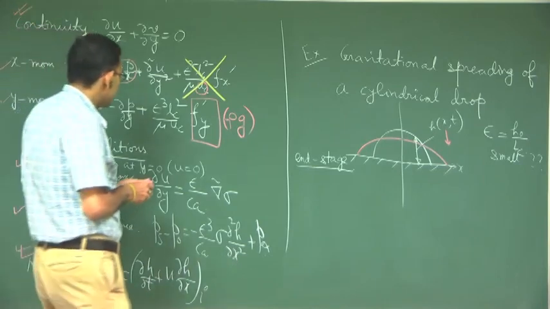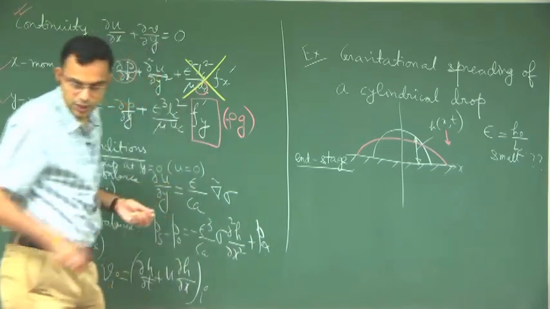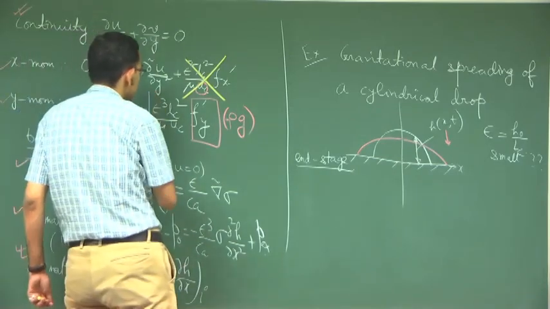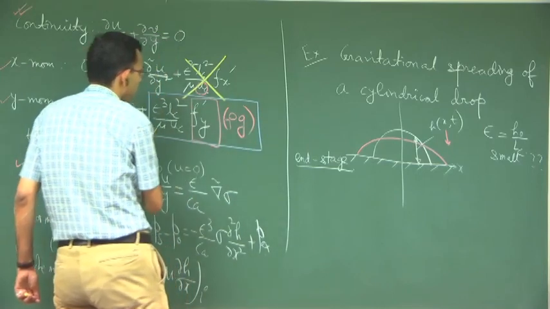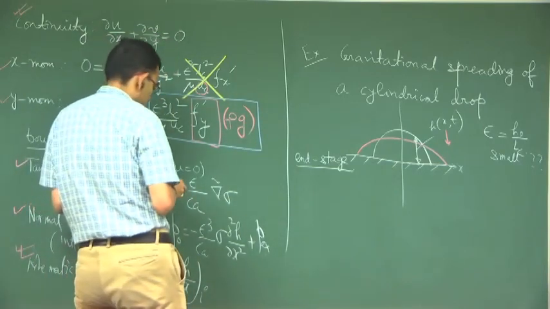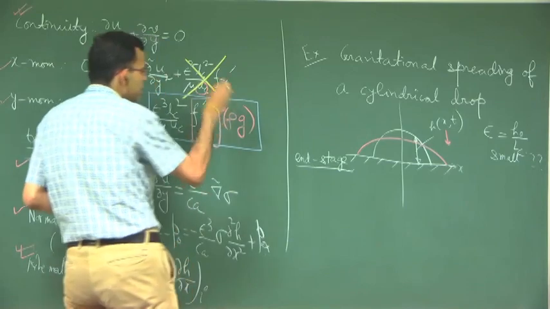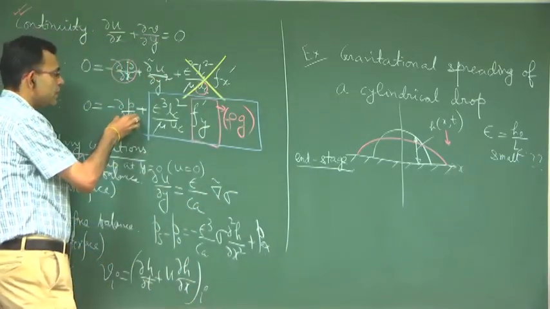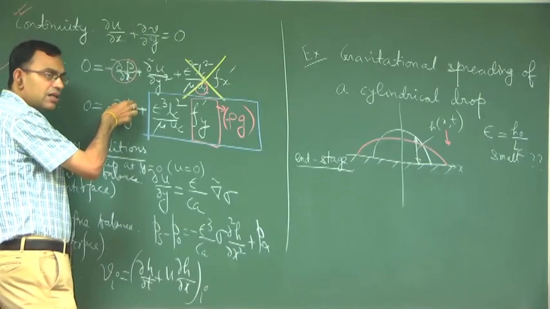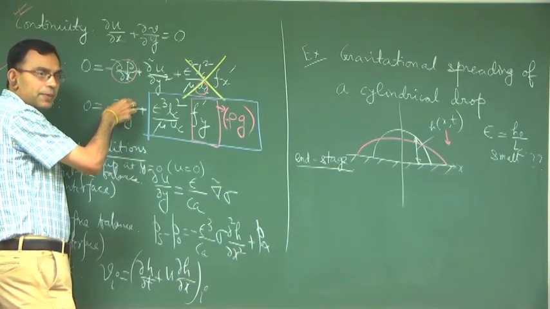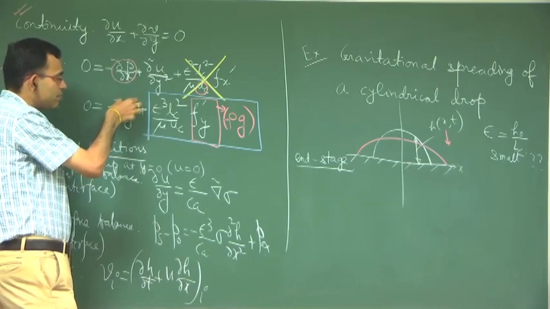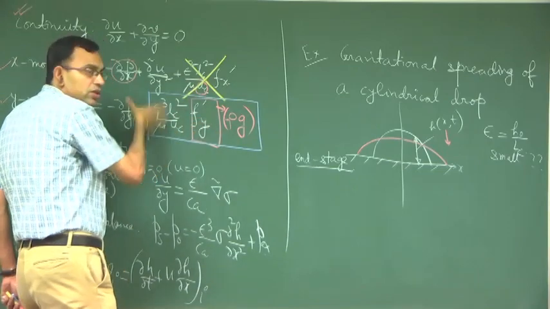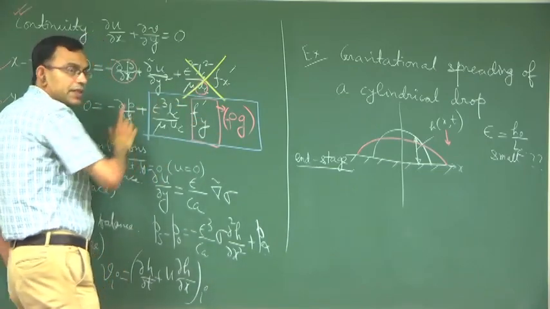So this term, let me do it. This is rho g. So this term will dictate the UC. This derivative is of the order of 1, because this is non dimensionalized with proper scale. Therefore this total term must also be of the order of 1, so that these two are competitive.